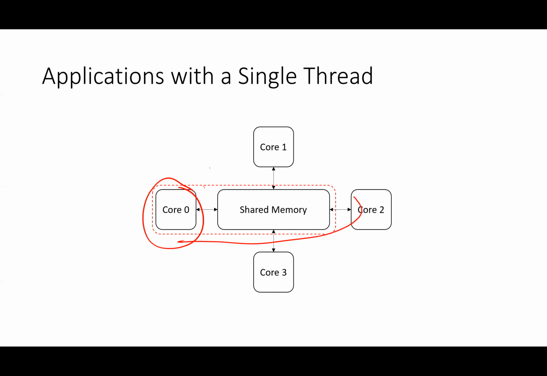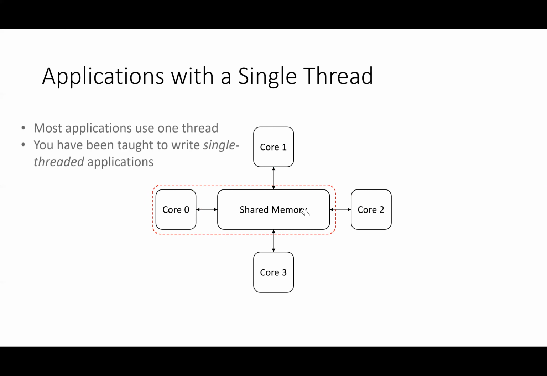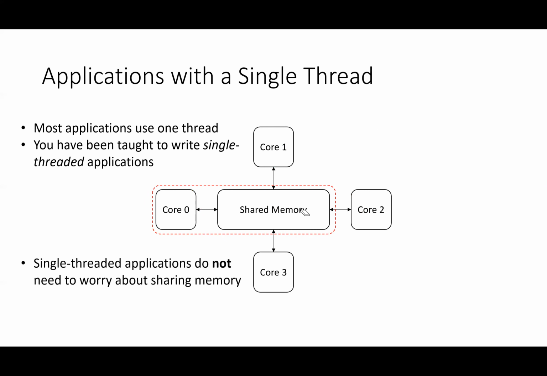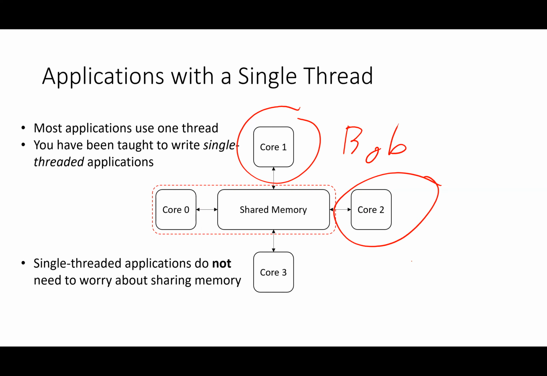And you basically have been going, I have all the memory, because your program is just one core. So that core basically says I've got all the memory, I don't have to worry about anybody else. So you haven't worried about sharing memory because it has not been an issue for you. Even if someone else is running a different program, say Bob was running on this one and Sue was running on this one, the operating system isolates you from each other.